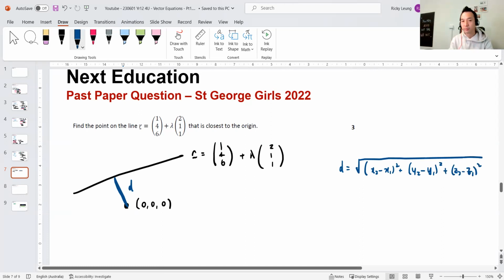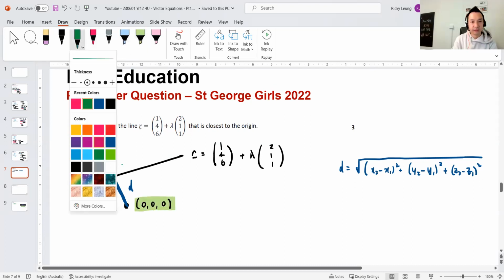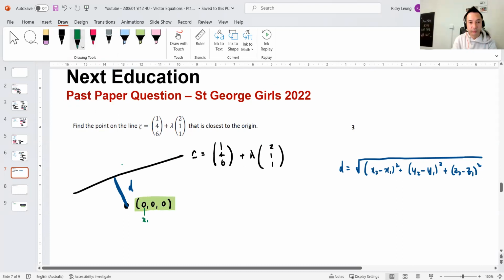Let's pretend this coordinate at the origin is x1, y1, z1, and this guy over here gives me my other coordinate, where x2 equals 1 plus 2 lambda, y2 equals 4 plus lambda, and z2 equals 6 plus lambda.